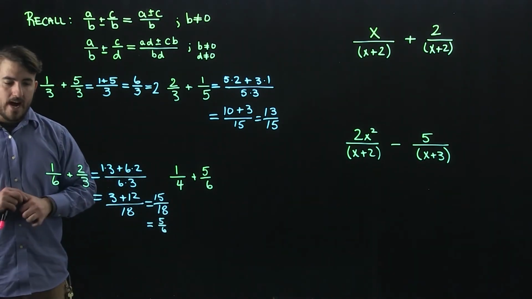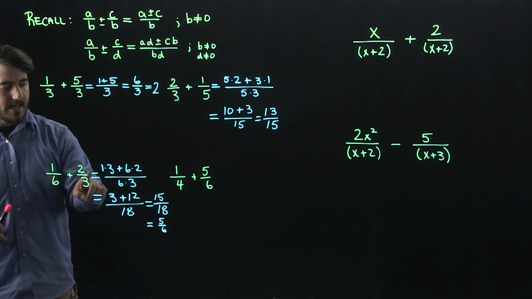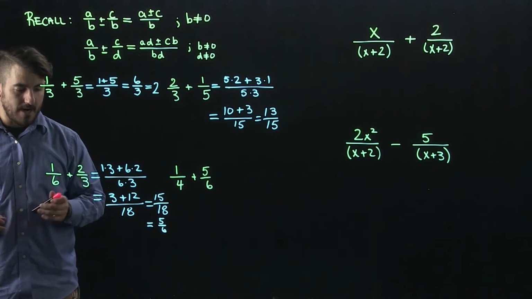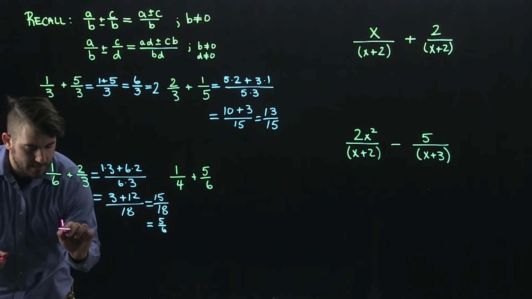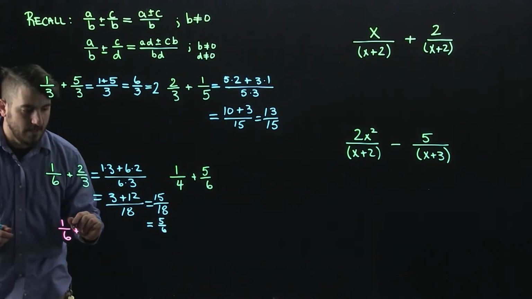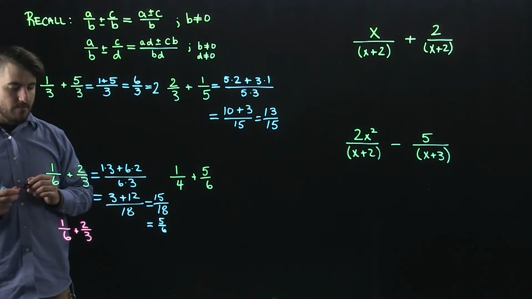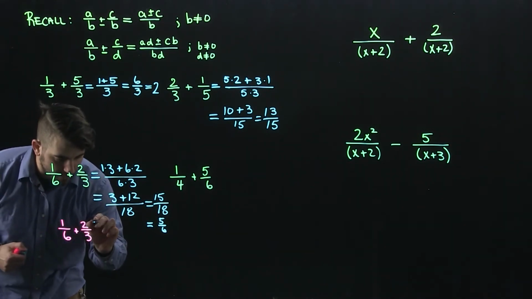Okay. Now, the other method I can look at is I can get a common denominator with 2 and 3 by just multiplying the top and bottom by 2. So let's look at 1/6 plus 2/3. We're going to rewrite it. And what I'm going to do is I'm going to multiply the 2/3 by 2 to the top and bottom.